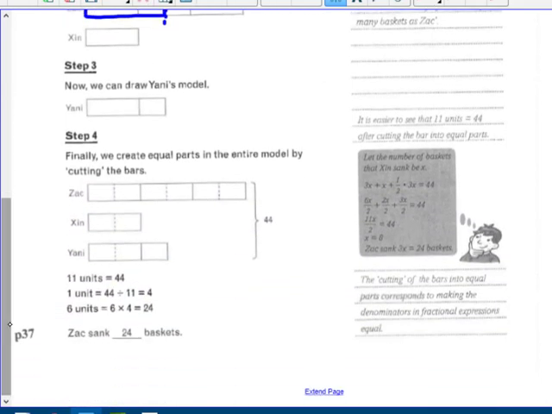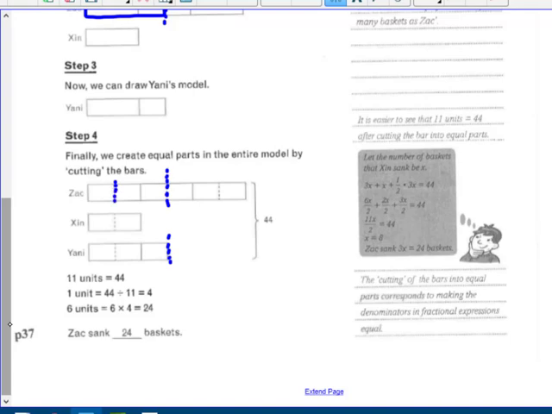So if we put them all together here, and I wouldn't show it step by step, I have my original Zach. He was cut in half. He's the same length now as Yanni. We can create all of the picture now. So Zach has twice of Jin. Yanni has half of Zach. All together, because we've cut this in half, we now have half pieces.